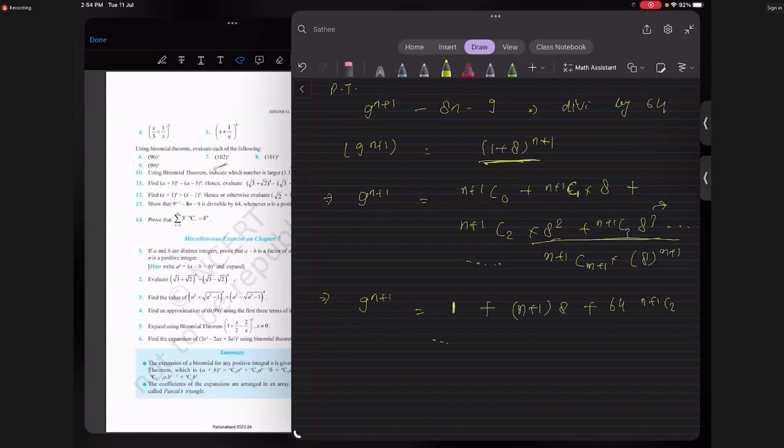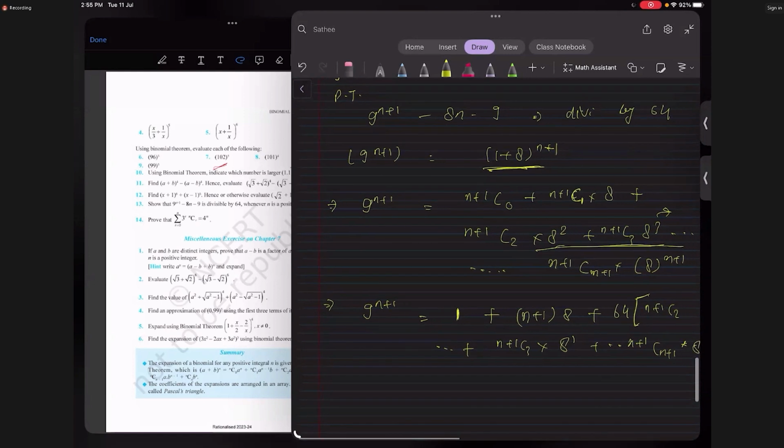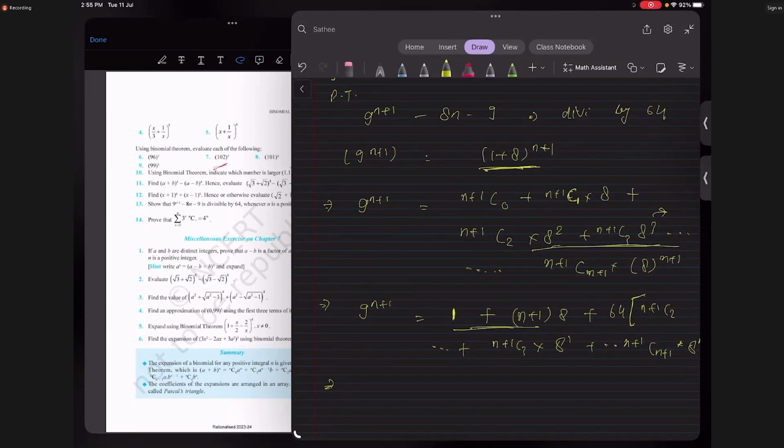So you can take 64 common from all of them, so this would be n+1 C2 plus n+1 C3 into 8, and when we take 64 common, the power of 8 reduces by 2. So this would be 8 to the power 1, and plus n+1 C(n+1) into 8 to the power n minus 1. If we combine this term and take it to the left side, we get 9 to the power n plus 1 minus 8n minus 9 equal to 64 into k.